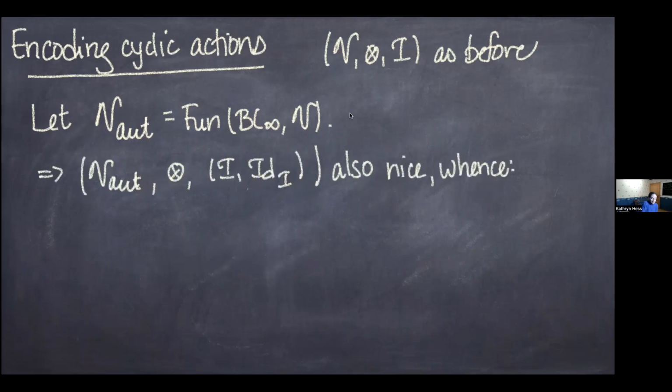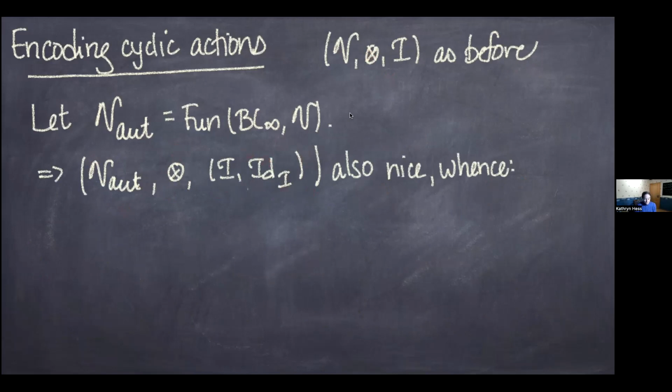So it turns out that if V is nice, then this one is nice too. This is the category of objects with automorphism. We have the same tensor product as in V, the unit object is the unit object of V, and the automorphism you take is its identity.